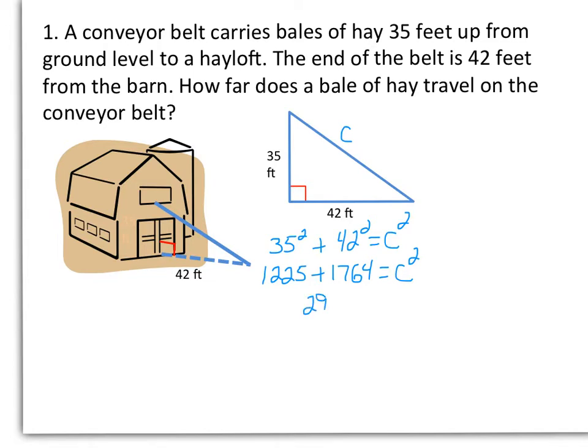So 2,989 equals C squared. Then to solve for C, take the square root. And we're going to round our answer to the nearest tenth. So that would be about 54.7 feet. So that is the distance that the bale of hay travels up the conveyor belt.